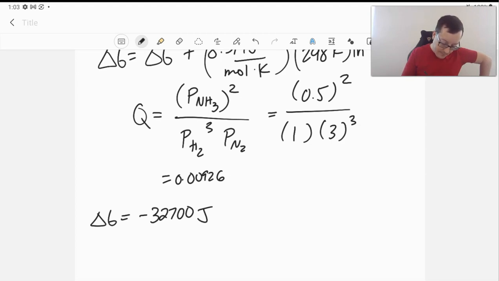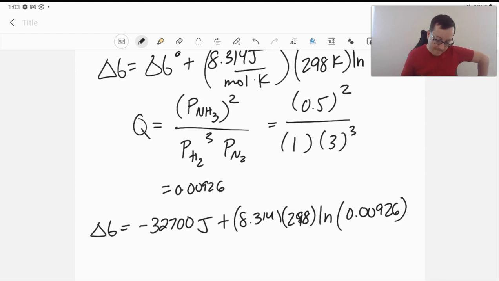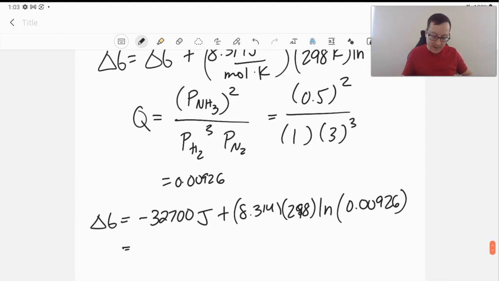All right, so we have that value plus the 8.314. I'm going to just omit the units because we've got them up here, just so I can have the space. And then we have the natural log of 0.00926. All right, plug it all in. Let's see what we get. So, natural log of my answer, I'll do that first because I have it already in the calculator, times 298 times 8.314.